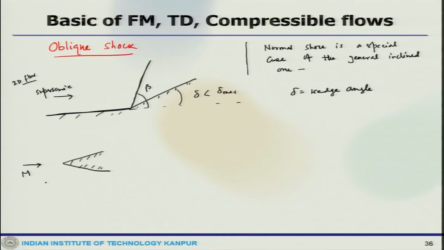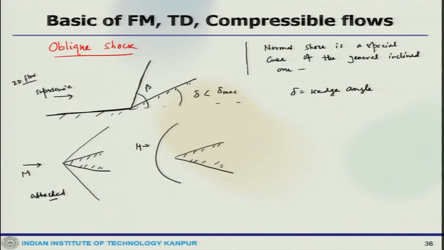Then we can have a shock like this. This is the one which is called attached. This is another example of oblique shock which is attached, or we can have another configuration like this, when the shock could be like this. Still the Mach number of the incoming flow is like this. This is called the detached.